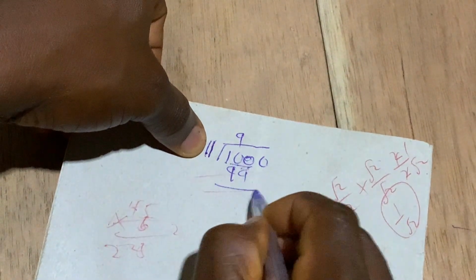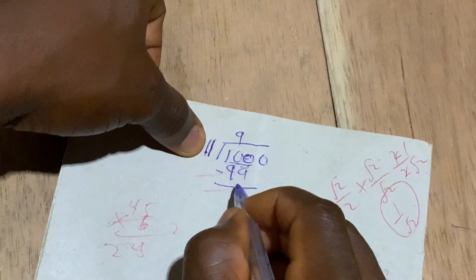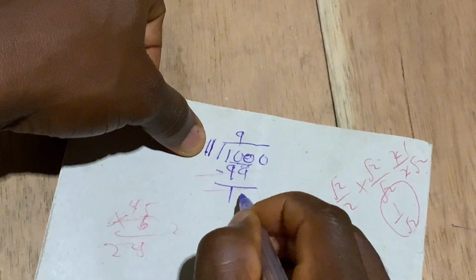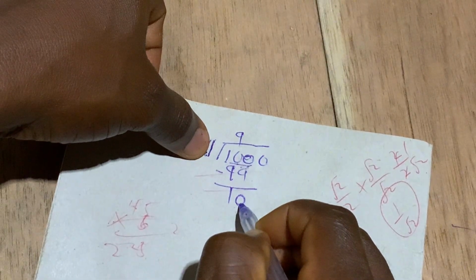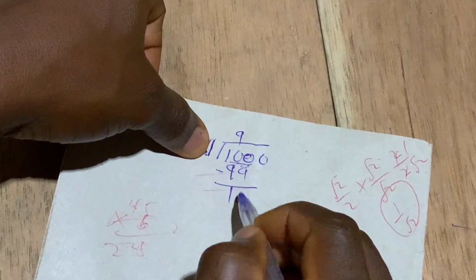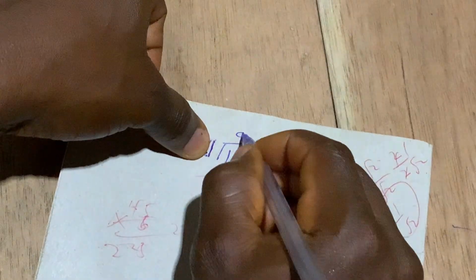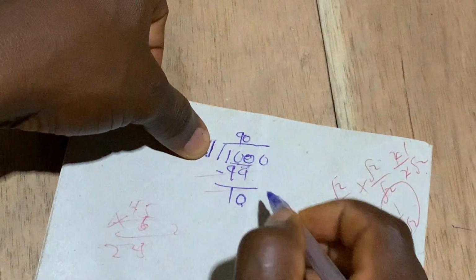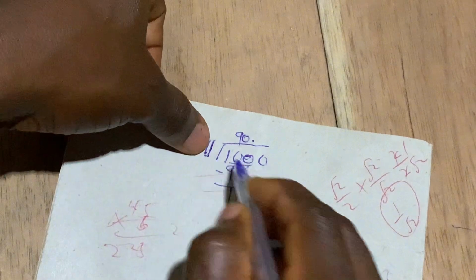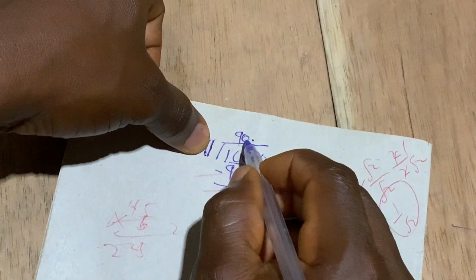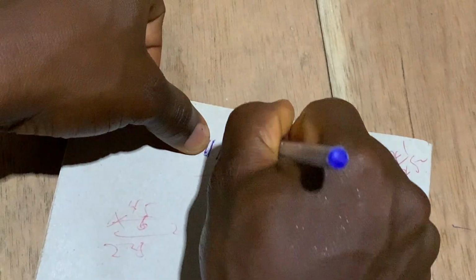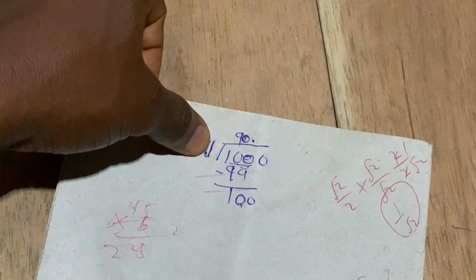That'll give you 99. Subtracting 99 from 100 gives you 1. So then you add a 0. 11 into 10 cannot be possible. So add a 0, add a point, and then come and add 0 here.